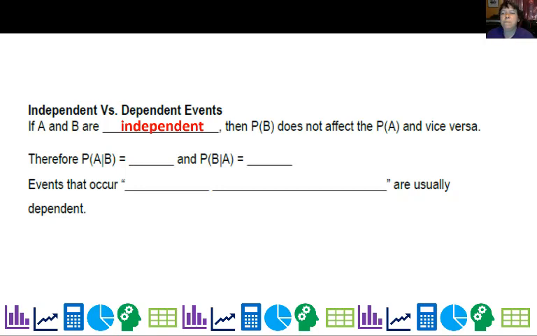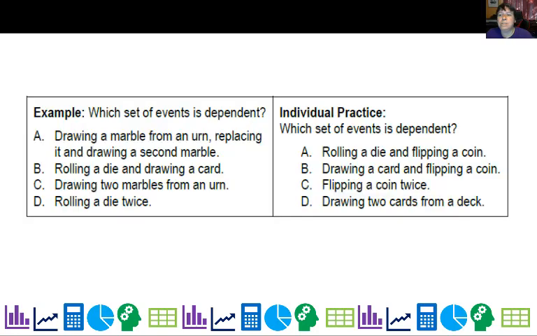So that means the probability of A given B would just be the probability of A, because it doesn't matter if B happened or not. Probability of B given A is just the probability of B, because it doesn't matter if A happened or not. Usually, events that occur without replacement, those are the ones where it's not a reset because you've taken something out of the system, and those are dependent. So let's take a look at some examples.